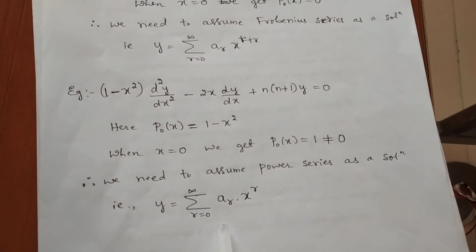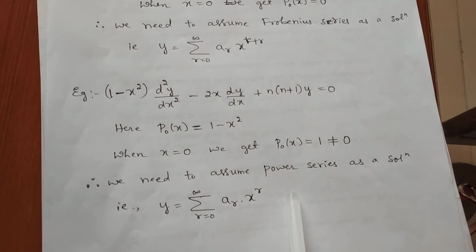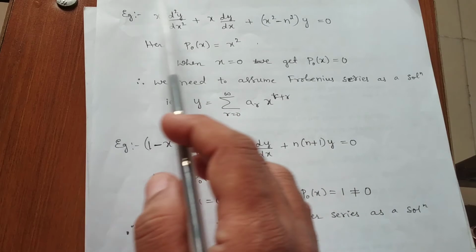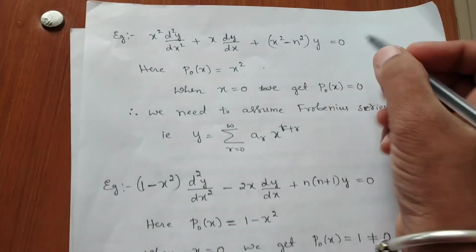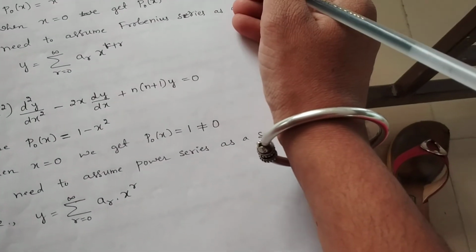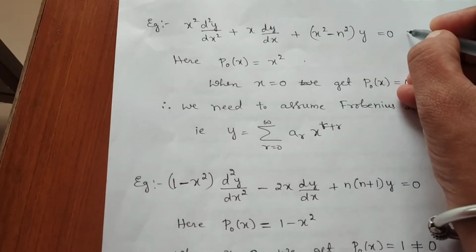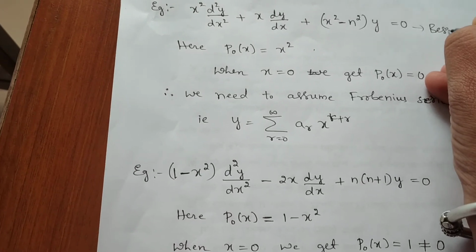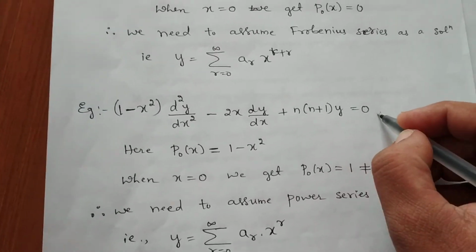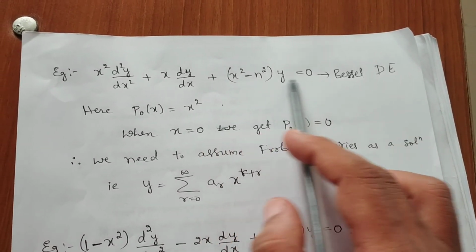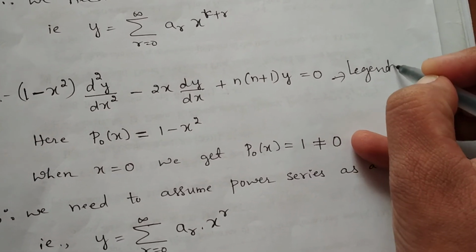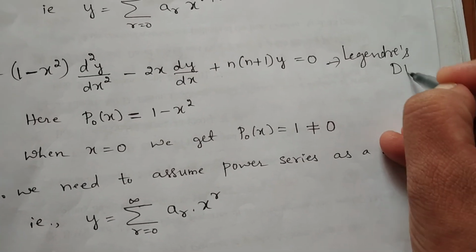So you now know through these two examples when to apply power series and when to apply Frobenius series. The first is a standard equation called Bessel's differential equation, and the second we call Legendre's differential equation.